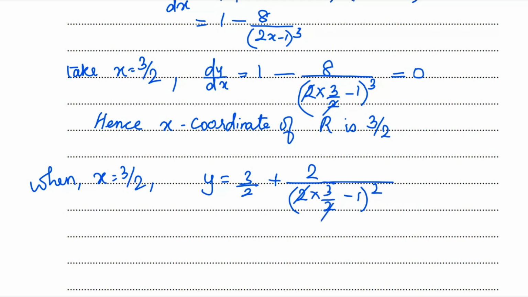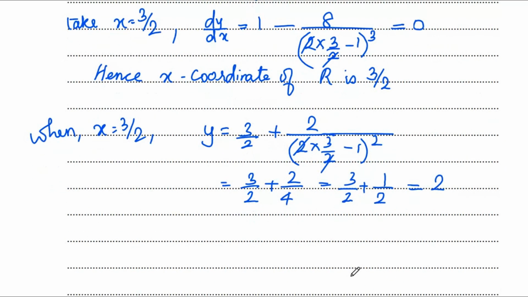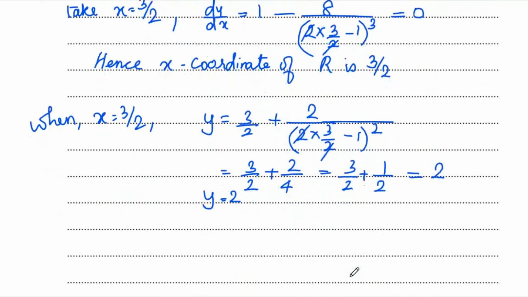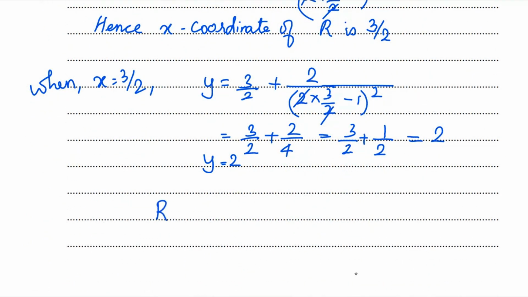So 2 and 2 get cancelled. 3 over 2 plus 2 over 4, which is nothing but 3 over 2 plus 1 over 2. That will be 4 over 2, which is nothing but 2. So y value is 2. So R will be (3 over 2, 2).